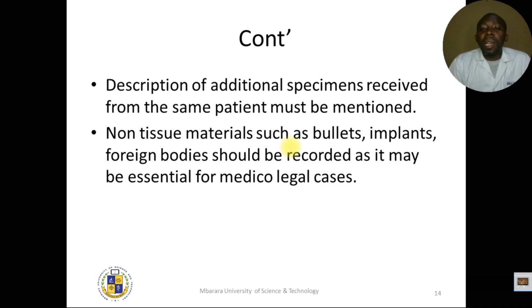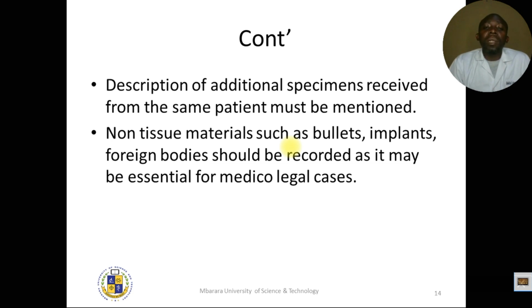So non-tissue material such as blades, implants, foreign bodies should be recorded, as this should be essential in the medical legal process. So once you find such objects which are non-tissue substances, you make sure you report them. Don't just find them and then remove them and throw them away.